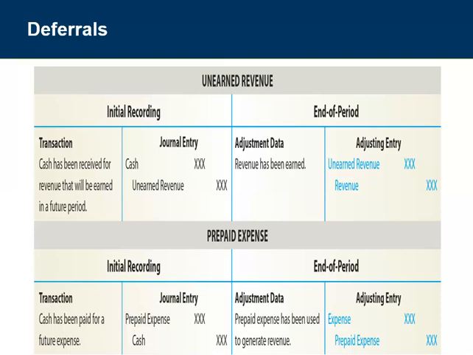Now, let's travel 1 month into the future. Our adjusting entry is, in our case, the actual insurance expense of $100, and we're going to credit the prepaid expense asset by $100.